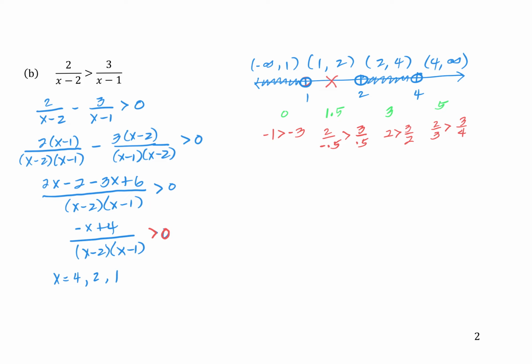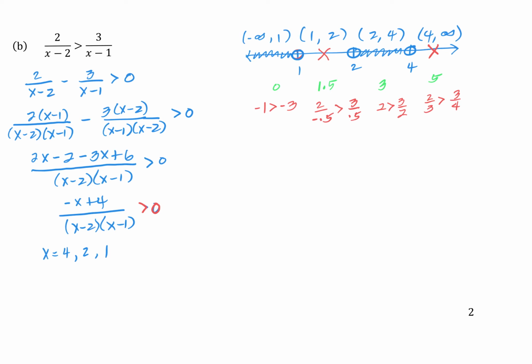Or you can look at it as 0.67 and 0.75. Which means you cannot use anything in here because 2/3 is not greater than 3/4. It's false. My solution will be negative infinity to 1, parenthesis, union, parenthesis, 2 to 4.